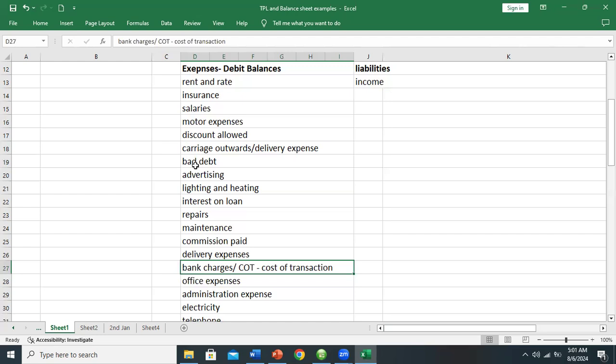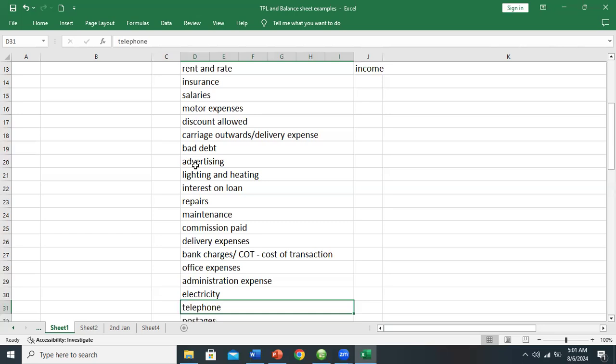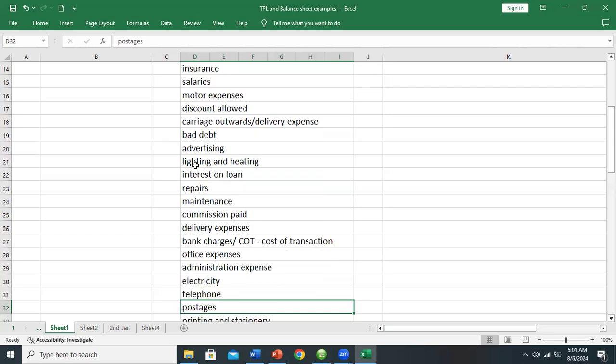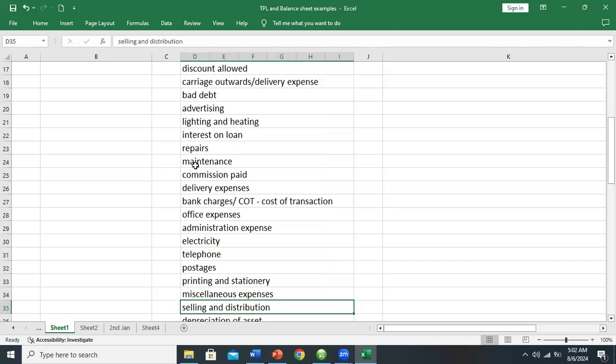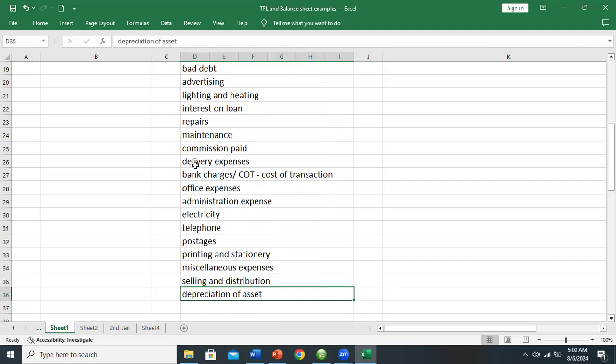Then bank charges. If you are banking with some financial institutions, sometimes they charge you for the services they are giving you. Let me use Momo as an example. With MTN Momo, when you do cash out, they charge you something. It is similar with the banks. Sometimes you go for checkbooks, ATM cards, you pay for them, and all these are bank charges. Office expense, administration expense, electricity, telephone, postage, printing and stationery, miscellaneous expense, selling and distribution, depreciation of assets.